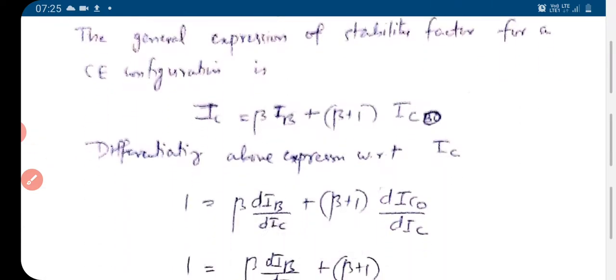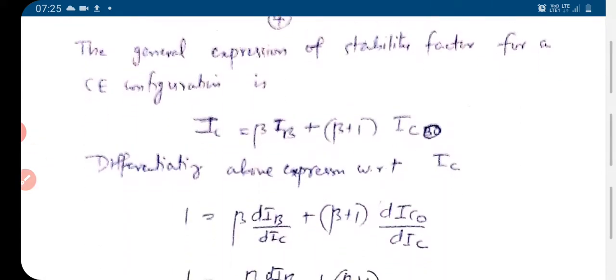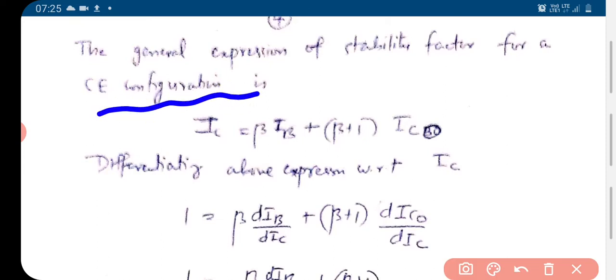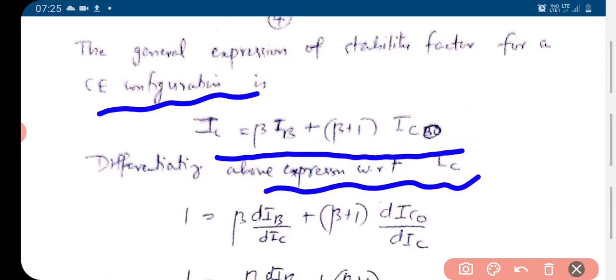The general expression for the stability factor in the common emitter configuration can be obtained. IC is beta IB plus beta plus 1 ICO. We differentiate this with respect to IC.